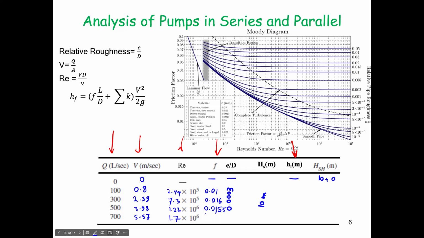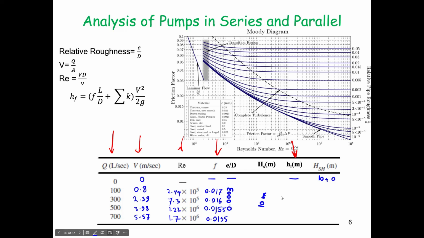And for 700, Garrett, do you have the F? 0.015. Probably because the Reynolds is small for you, two groups. You have close, but not the same. The one that I have is 1, 7. It's okay.